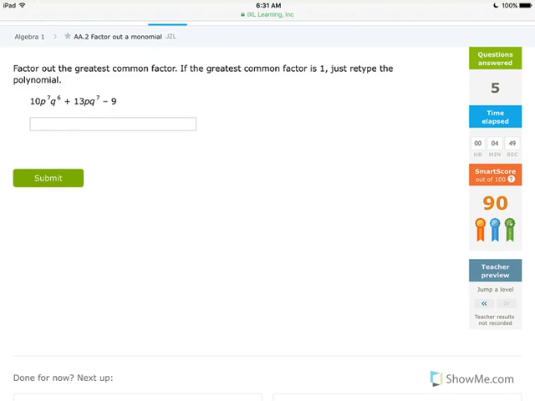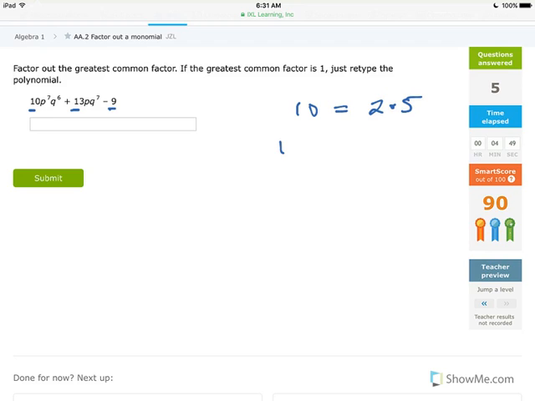And here's the last one. So this one's a little different. It has 3 terms and more variables, but again, the idea stays the same. Look at the number parts and see what is common between a 10, a 13, and a 9. So we know a 10 is a 2 times 5.